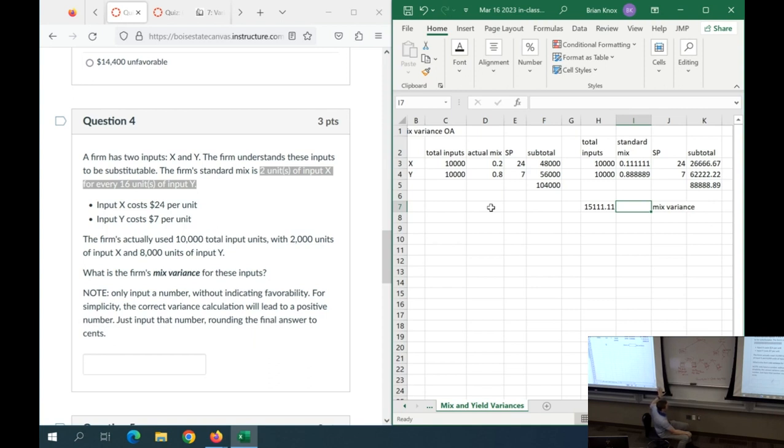Given the actual mix of x and y, we had 20% x and 80% y. And so as we've moved more towards reality, by going from the standard mix of these substitutable inputs towards the actual mix, costs have gone up. They went from 88,000, 89,000 to 104,000. So that 15,000 there is going to be unfavorable. It's positive variance, same thing, same sign rules. Unfavorable.